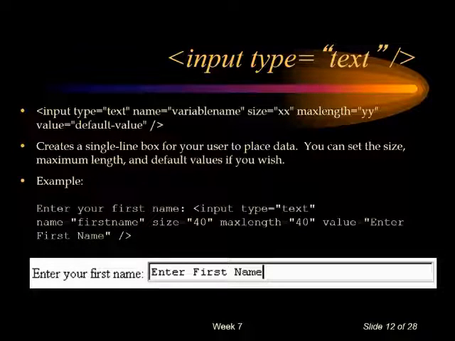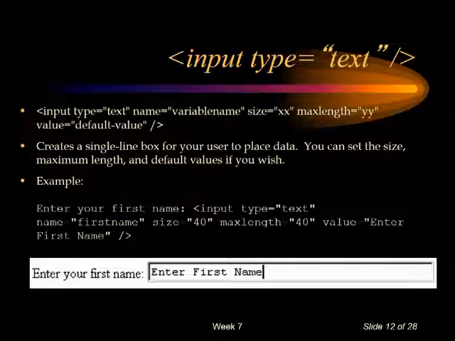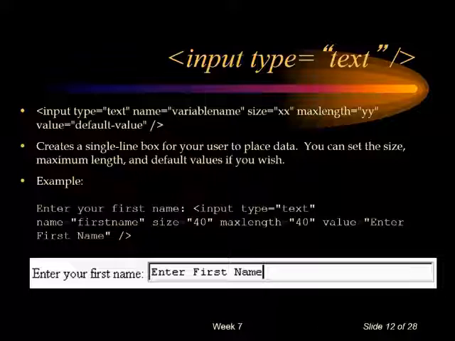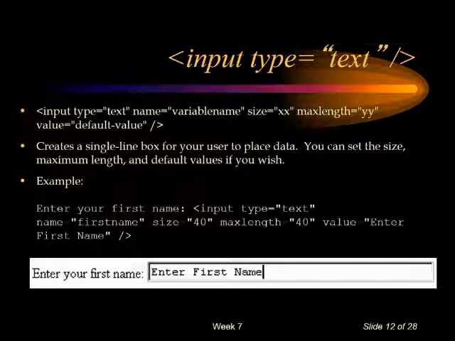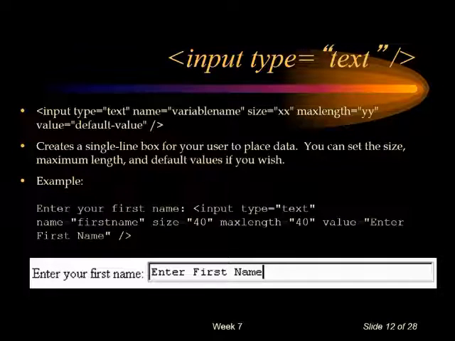So by default, it will say enter first name, and if the visitor doesn't type in something other than enter first name, then when they hit the submit button, the value enter first name will be applied to the variable first name. Because we put in a max length of 40, the maximum number of characters that they could type in is 40 characters. And because we said size equals 40, the box is going to be 40 characters wide.